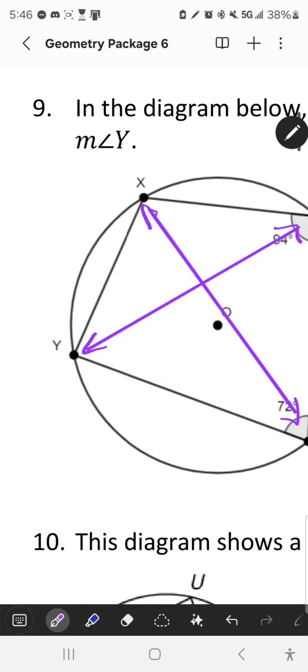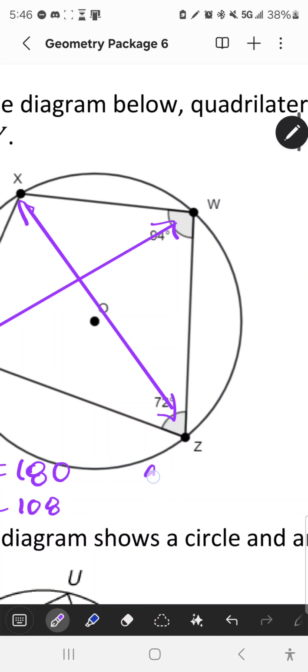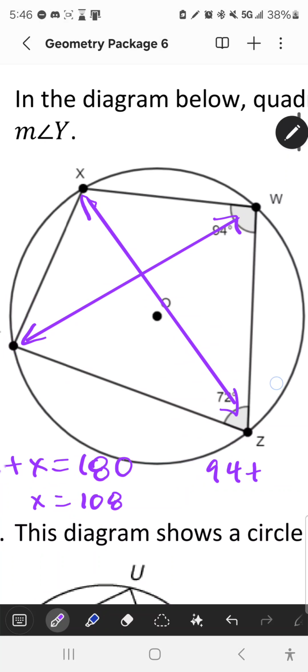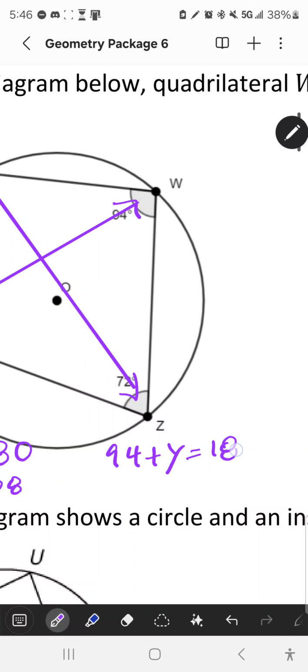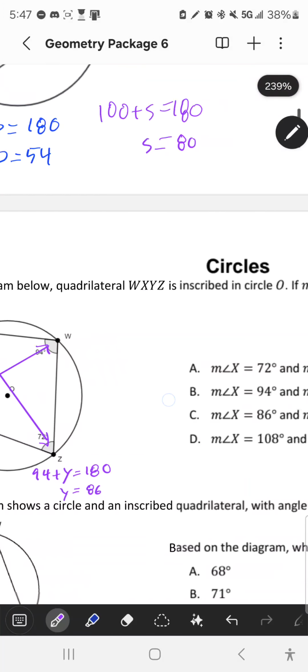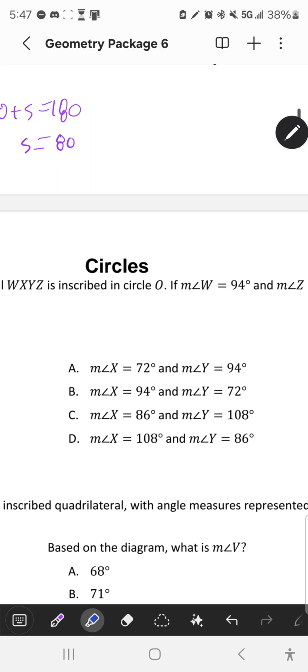So 72 plus x is going to be equal to 180, so x will be 180 minus 72, which is 108. Now 94 plus y is going to be equal to 180, so y will be 180 minus 94, which is 86. And that's our answer. x is 108, y is 86.